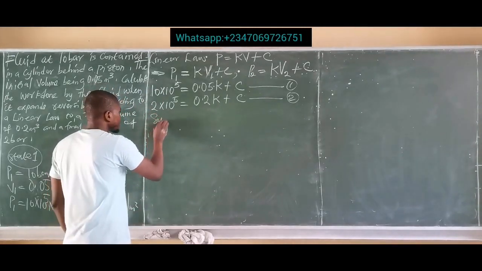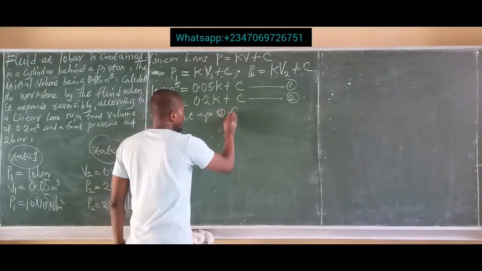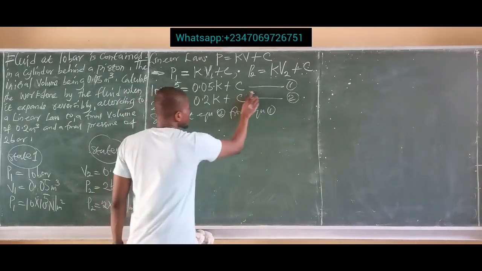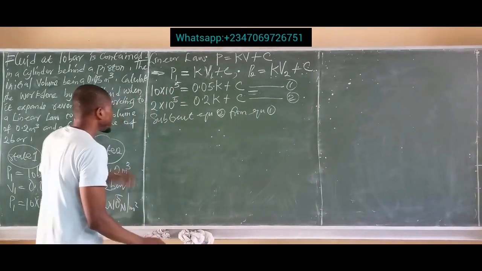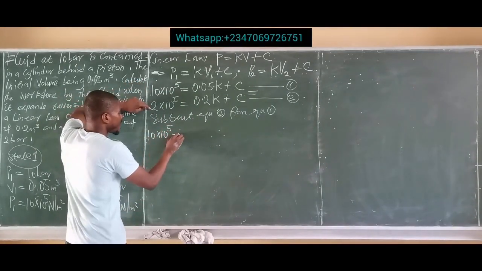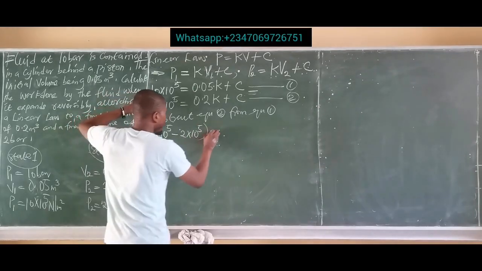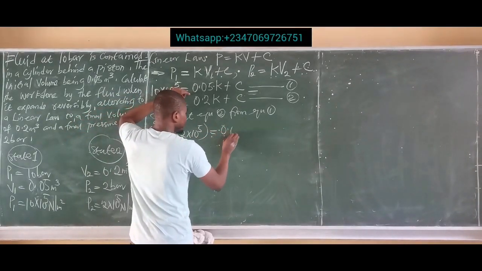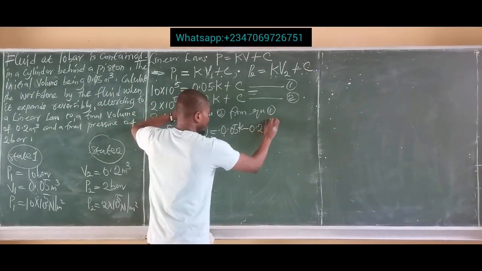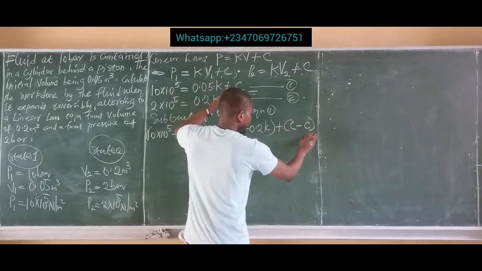Alright, so let's subtract equation 2 from equation 1. So we simply subtract these two equations, subtracting 2 from 1. I have 10 by 10 to the power of 5 minus 2 by 10 to the power of 5, and this will be equal to 0.05k minus 0.2k, plus here I have c minus c.